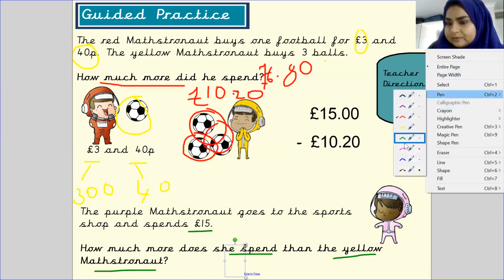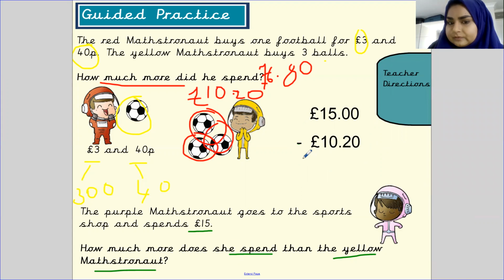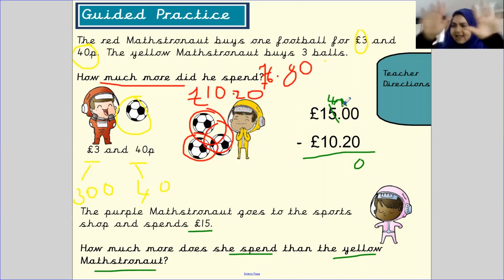So now we know we can do 0 take away 0. 0 take away 0 means 0 because there's nothing, but we can't do 0 take away 2, so I'm going to borrow. So my 5 is going to turn to a 4 and my 0 to a 10. So now 10 take away 2 is how much?